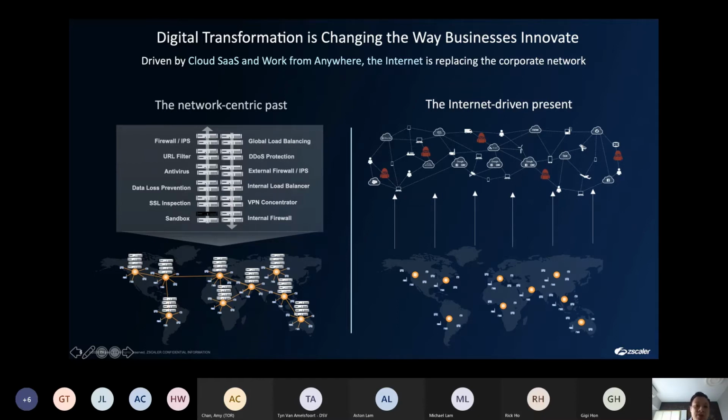So many of them have this infrastructure, and they have difficulty expanding the coverage of this infrastructure to remote workers. So what we are seeing is that apart from the digital transformation that we have been having in the past few years, people also need to transform their security infrastructure in order to facilitate work from anywhere as well.